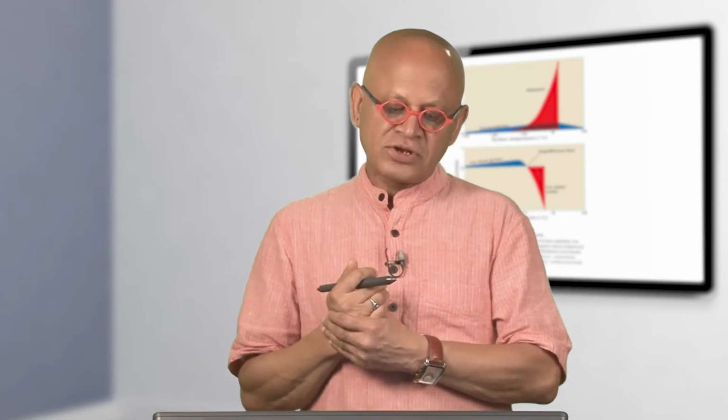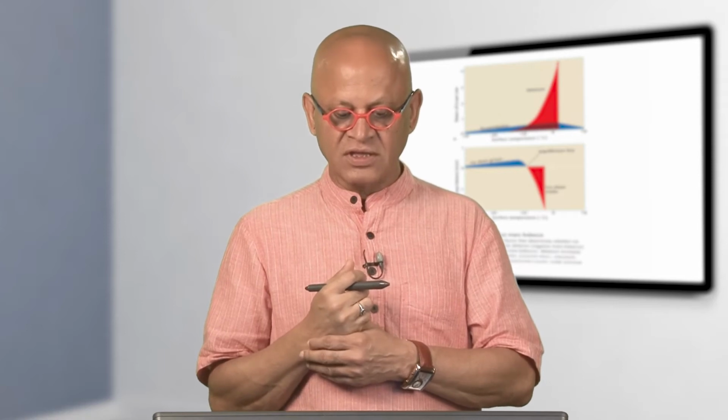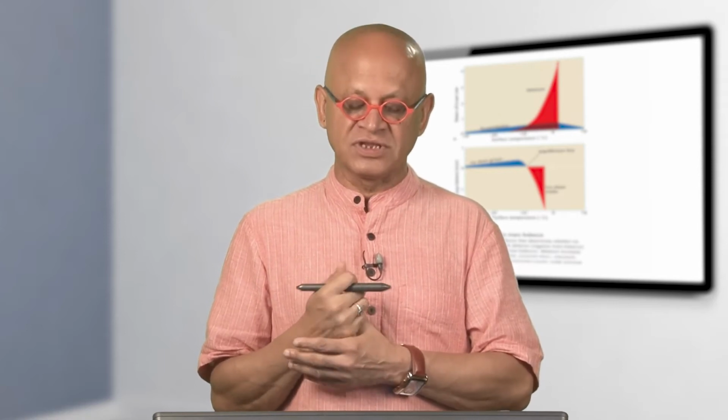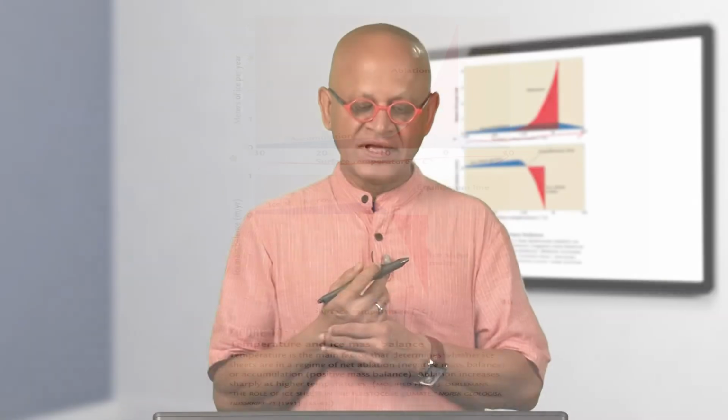The other important component of the orbital forcing response in the climate system is of course the growth and decay of glaciers, the advancing and retreating of glaciers. So, if you look at the surface temperature going from minus 30 degrees to plus 10 degrees, the main processes that determine whether the glacier grows, in which case it is accumulating mass, or retreats, losing mass, or ablates, depend on the rates of accumulation and the rates of ablation.